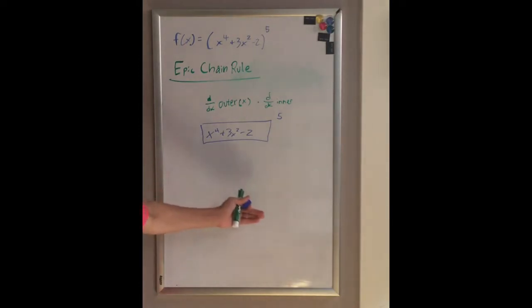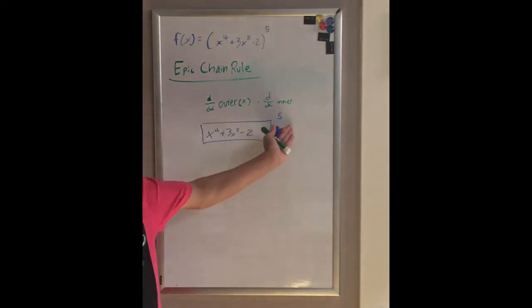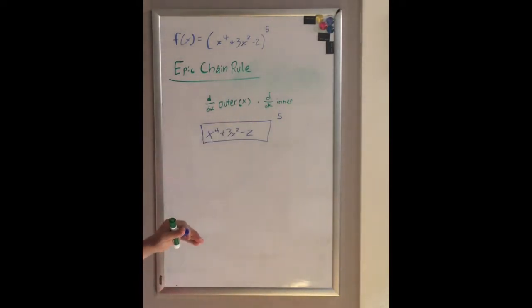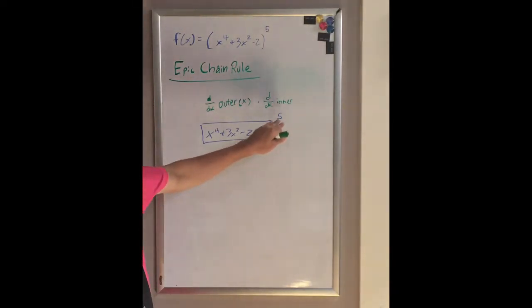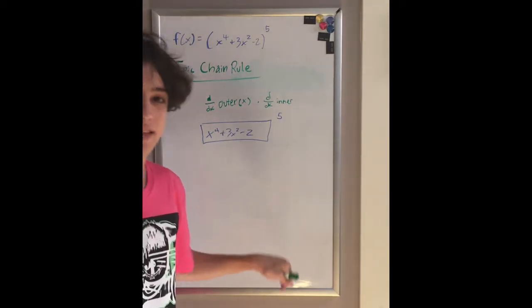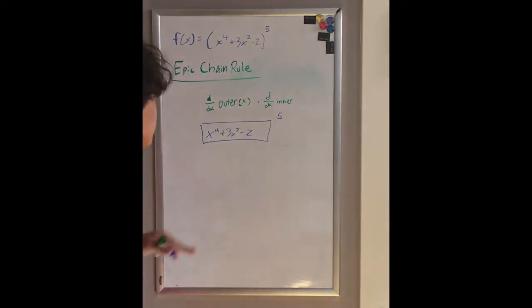So the box clearly shows what's the inside and what's the outside. So now we're gonna do what I said earlier. Take the derivative of the outside with the inside still in it, like this.